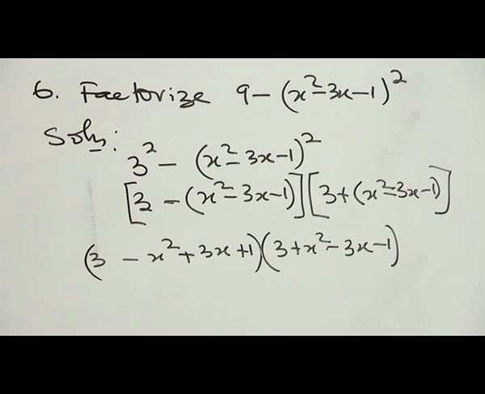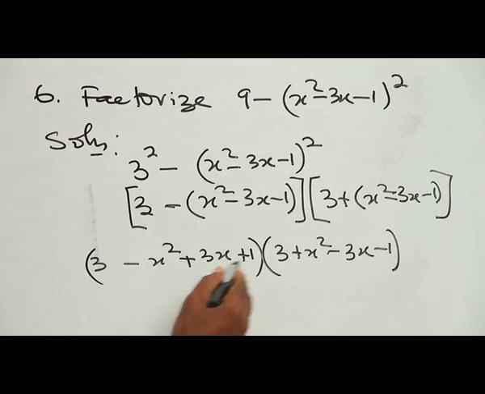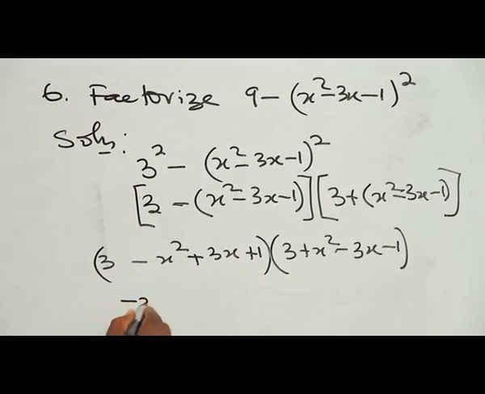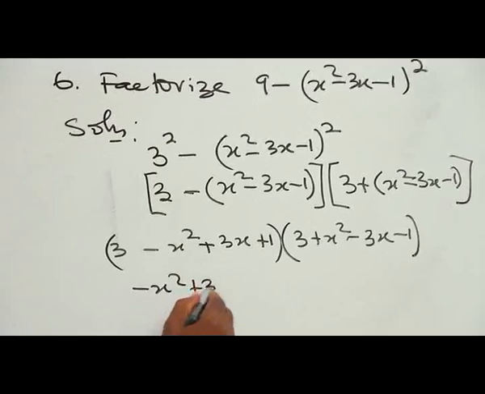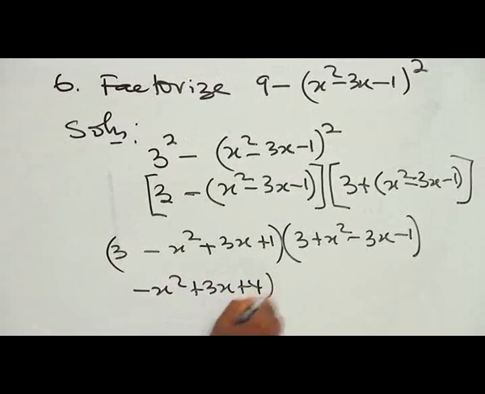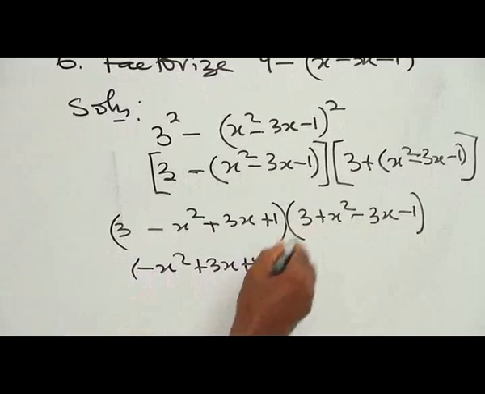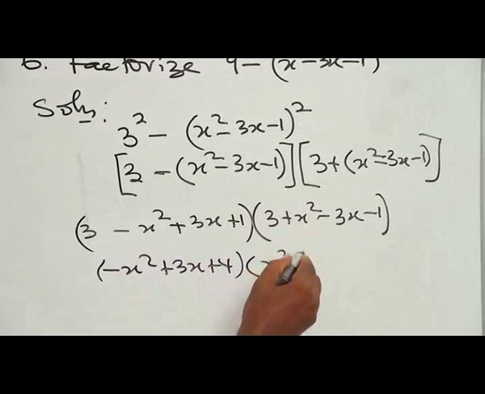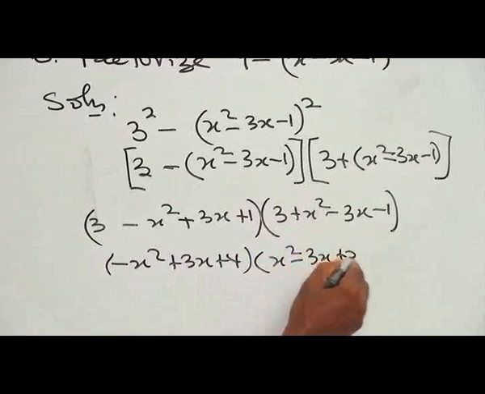You will now simplify everything inside the bracket, and that gives you 3 plus 1 is 4. So we have (minus s squared plus 3s plus 4). Over here we have (s squared minus 3s plus 2).